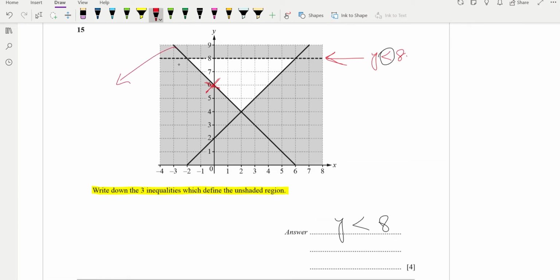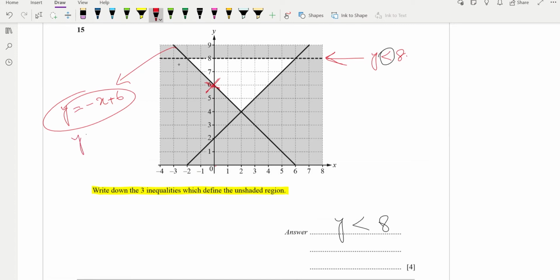The equation for this line will be y is equal to, gradient is basically 6 over 6, which is 1. And sloping down, so minus x plus 6. So this is basically the equation for the line, and y greater than will be required.